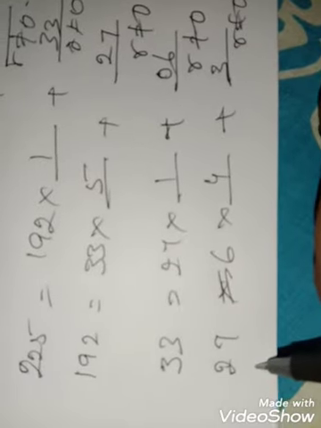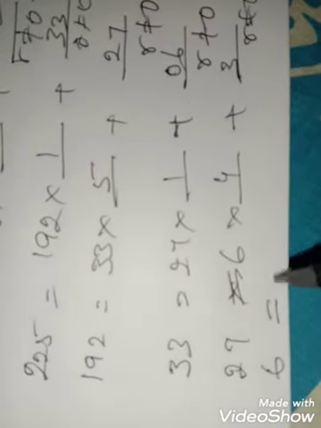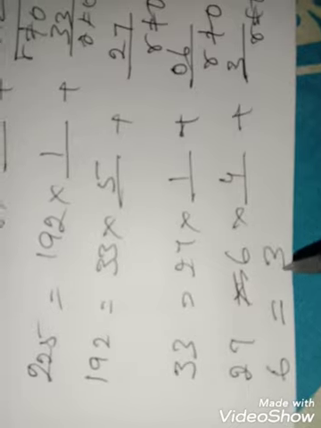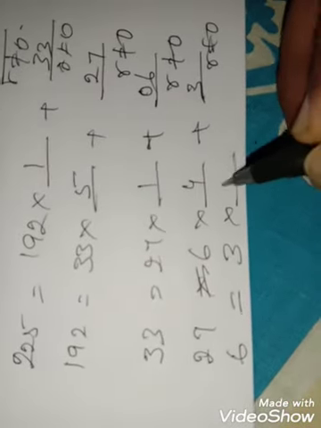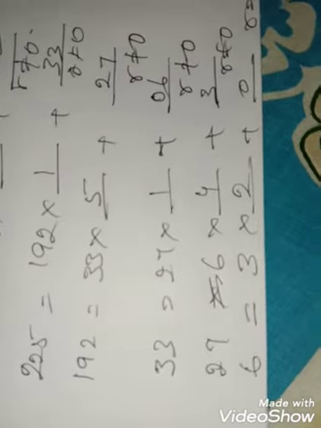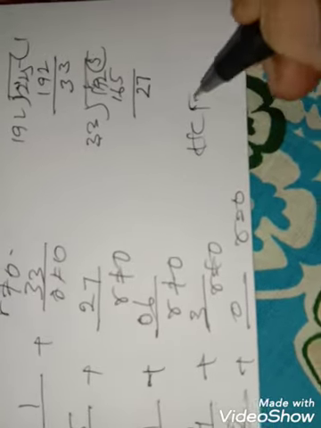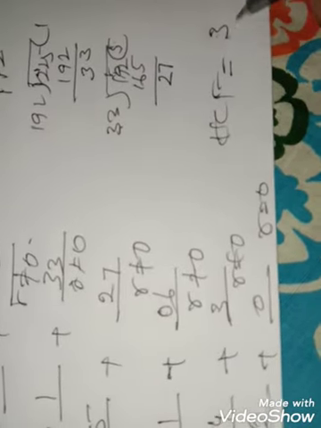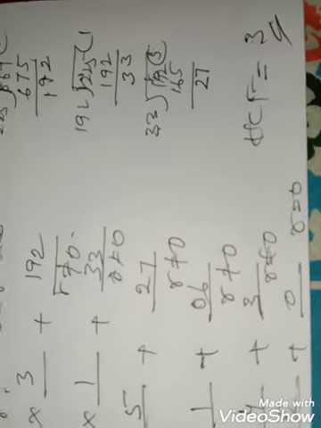Now 6 is equal to 3 into 2 plus 0. So here my remainder is equal to 0 because 3 twos are 6. Now what is the HCF for me? The HCF is equal to 3. Hope you understand, guys. Thank you.